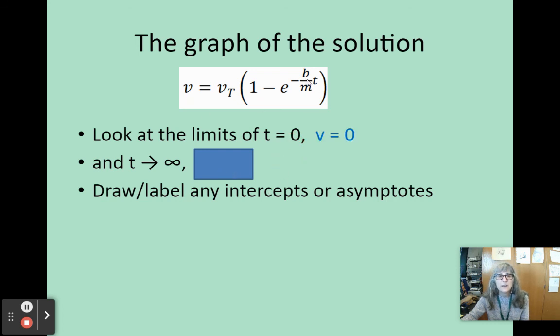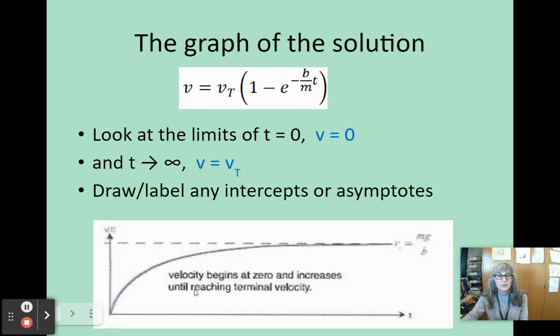And if t becomes infinity, we have e to the minus infinity, that's 1 over e to the infinity, and 1 over infinity approaches 0. So that means that we're going to get to vt. So now if we draw and label any asymptotes, that's our graph again that we were talking about.